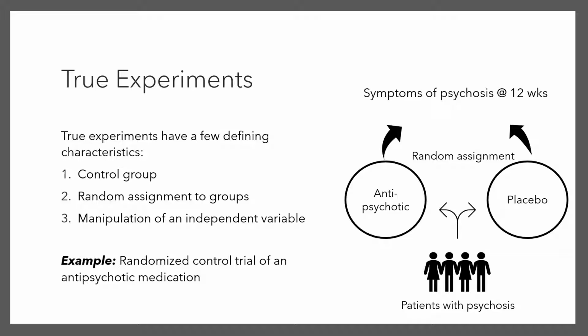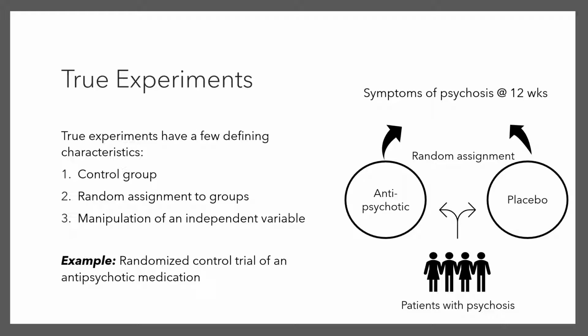So most importantly, true experiments will have a control group, or a group that does not receive the manipulation of the independent variable. Random assignment is also a key feature of true experiments, where participants have an equal likelihood of getting assigned to any of the experimental conditions. And third, the IV will be manipulated actively by the experimenter. That's also a condition of true experiments.